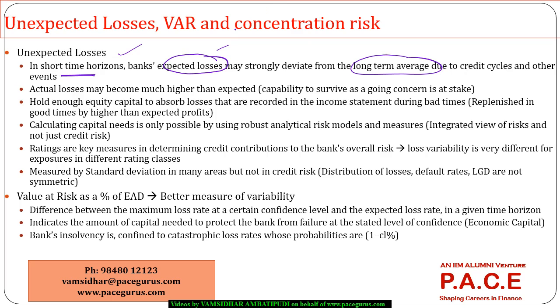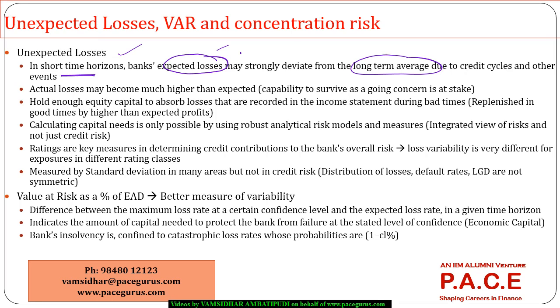In the short term, there could be a huge amount of volatility in terms of the expected losses based on market conditions and various other aspects which we have already discussed. So there might be a lot of deviation between the short term loss versus long term average. It could be because of credit cycles, it could be because of economic scenarios or various other associated aspects.